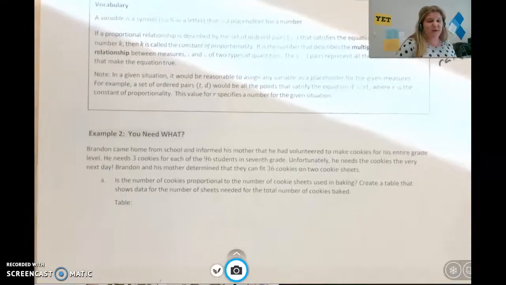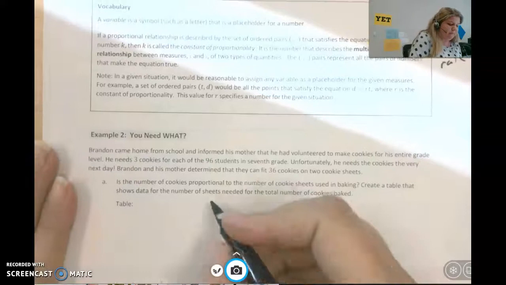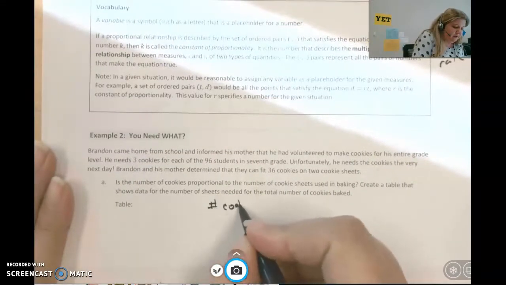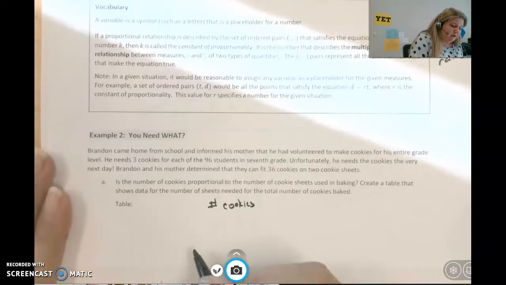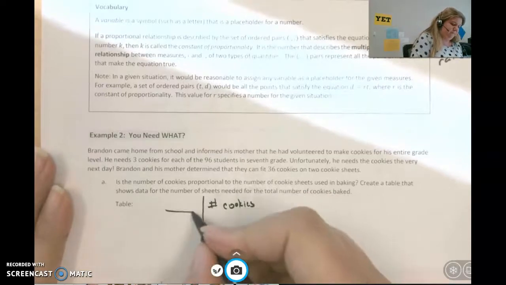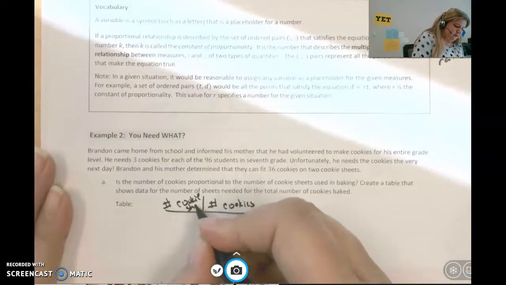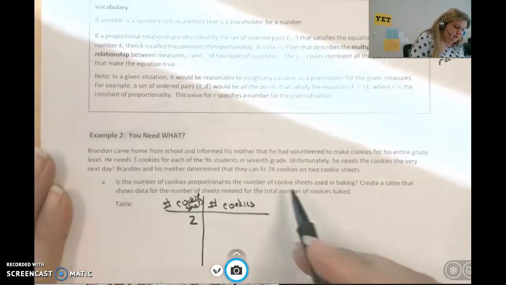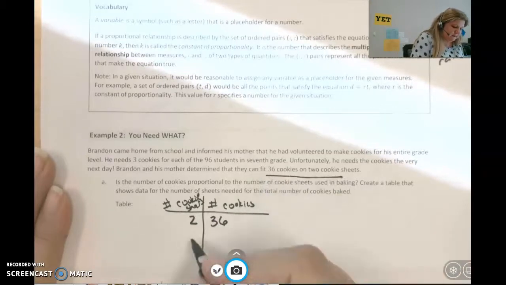Oh my goodness. Brandon and his mother determined they can fit 36 cookies on 2 cookie sheets. Now, is the number of cookies proportional to the number of cookie sheets used? Number of cookie sheets. Okay, so 2 cookie sheets can fit 36 cookies.